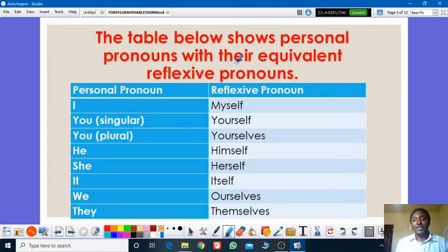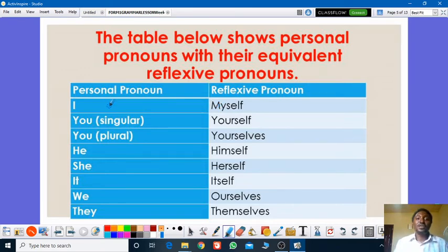For example, these are the personal pronouns: I, you in singular, you in plural, he, she, it, we, they. Because we have learned that each personal pronoun has its own equivalent reflexive pronoun.